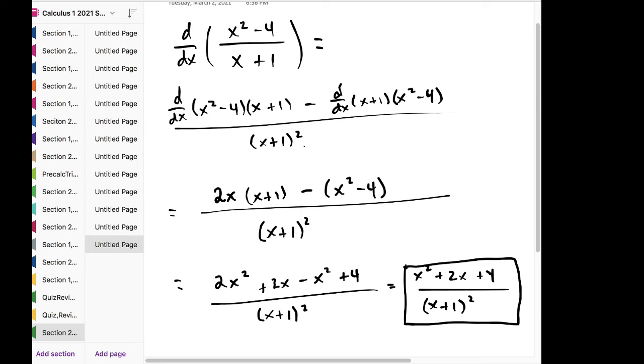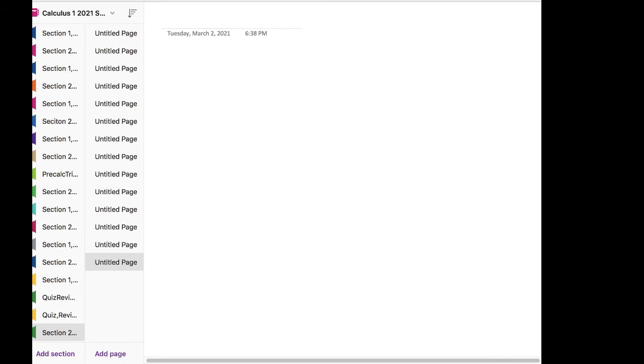Okay, so let's step away a little bit from functions and talk more geometrically. Remember what the derivative was.